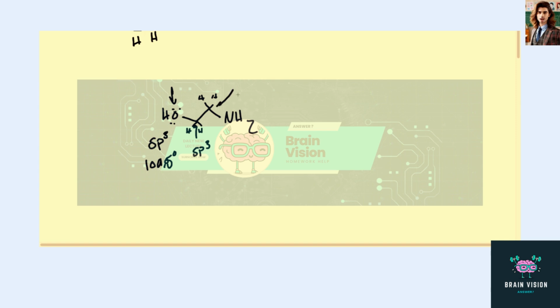This carbon, same deal, sp3. And just like the oxygen, that means 109.5. And this NH2 also has a lone pair. That's 3 bonds and a lone pair, 4 electron regions. Everything in this molecule is sp3 hybridized, and all of it will have 109.5 degree bond angles.